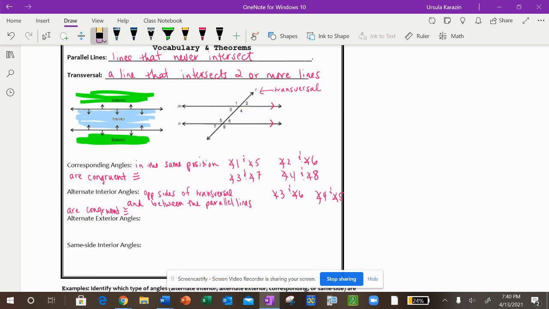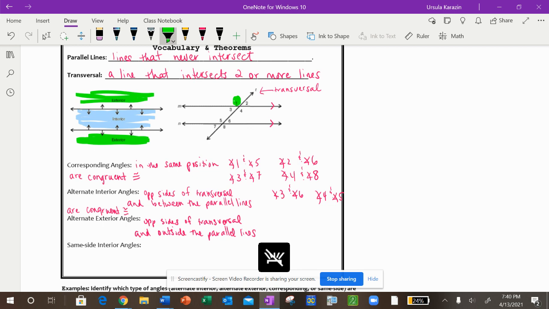Next, we have alternate exterior, so opposite sides of the transversal, but they are exterior, so they are outside the parallel lines. So looking here, angle 1 is on the outside.